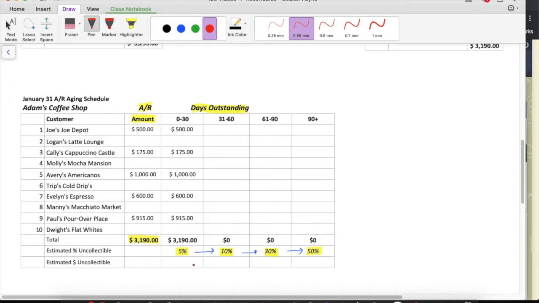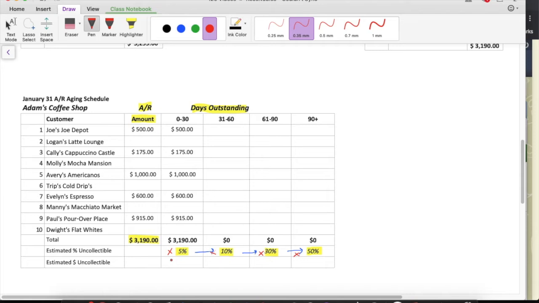I am going to calculate by taking how much is in each one of these buckets, if you will, times the percentage. So I've got $3,190 owed to me. That's 0 to 30 days outstanding. I think 5% of what's 0 to 30 is going to be uncollectible.